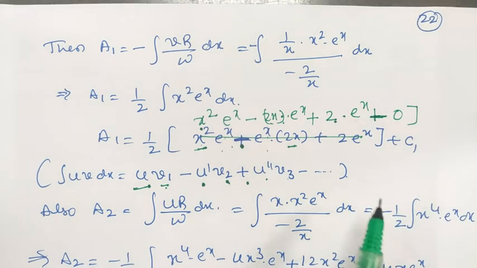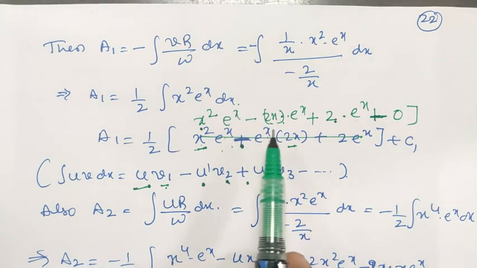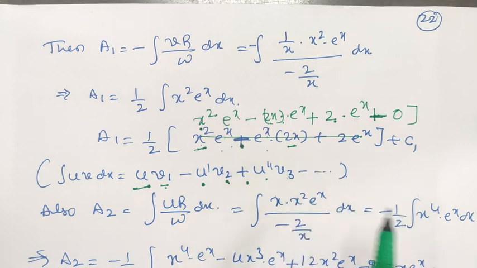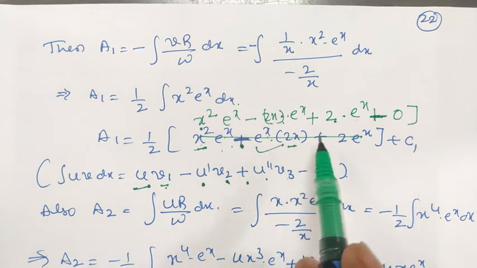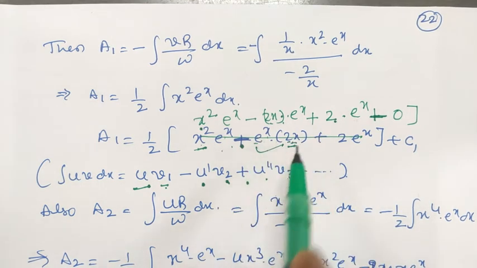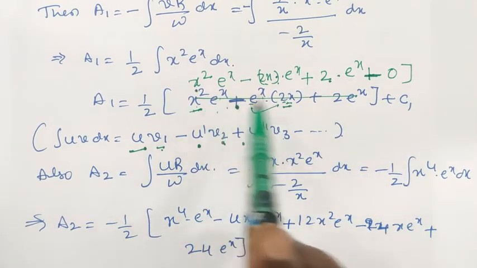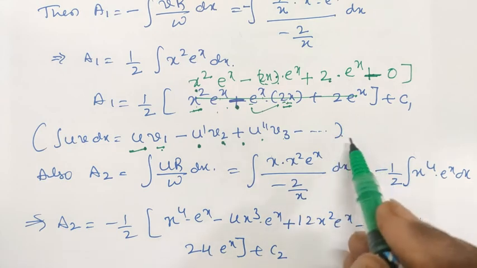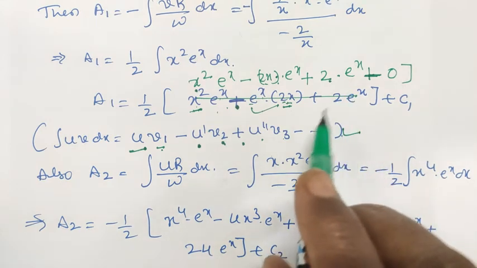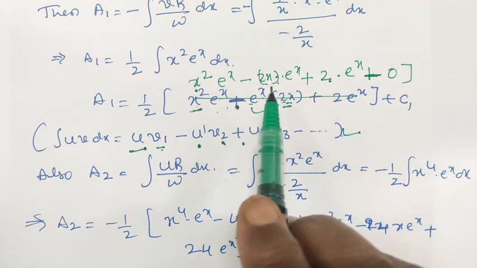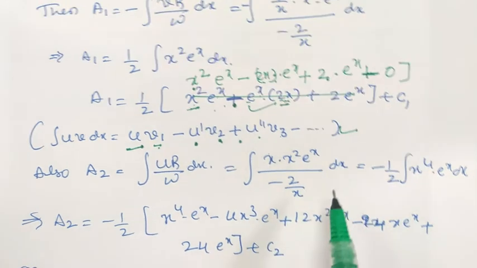This is the short method of finding the integration of a product of two functions. If I interchange these terms it will be confusing, so for that you just follow this method. This is very important and very short, whatever the example, you can solve it very easily in one step.